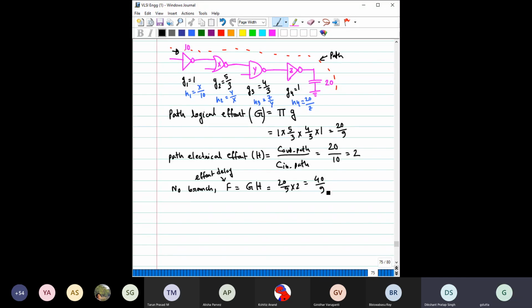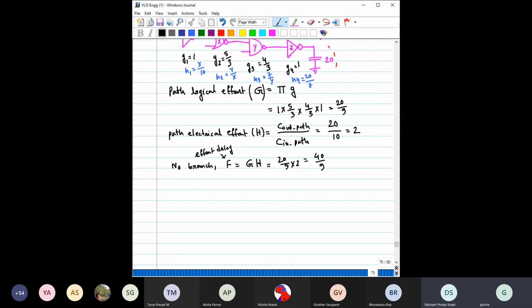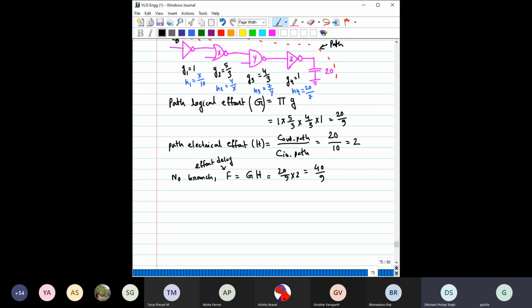But you know that for a path, what will be the total delay? Total delay should include parasitic delay plus the effort delay.